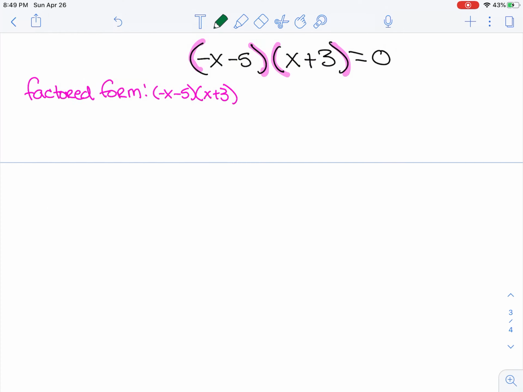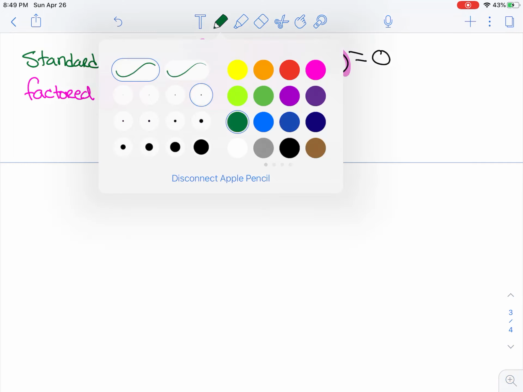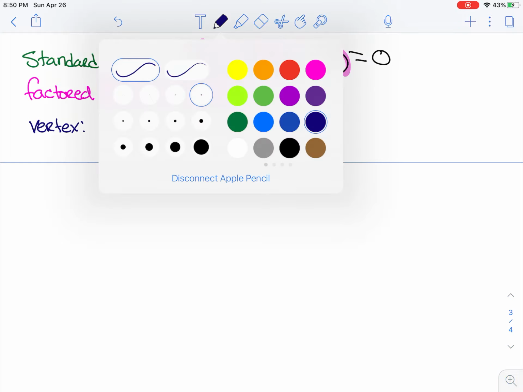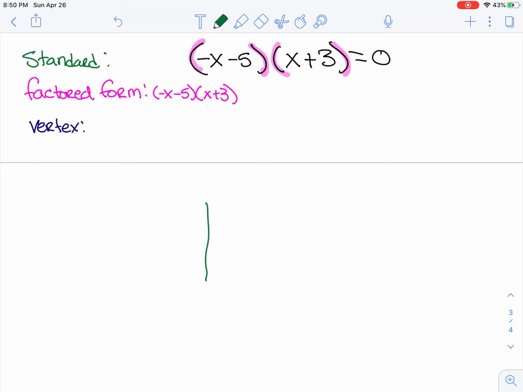Right now we don't know standard, and we don't know vertex. But at this point we understand how to get to standard form, and that's using that box method and going all the way into the ax squared plus bx plus c.